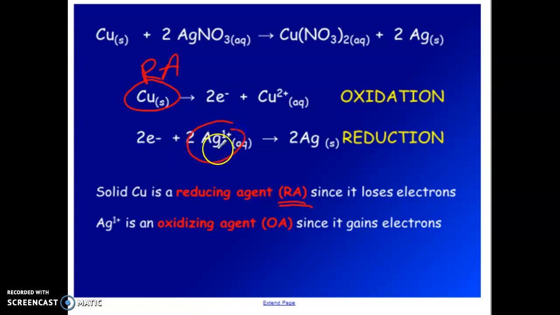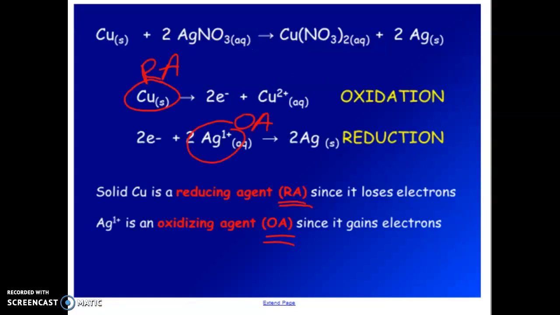So silver ions are being reduced, which means it's an oxidizing agent. Okay, so it's the agent for the opposite. So just remember they're always the reverse. If something's being oxidized, it's a reducing agent. If something is being reduced, it's an oxidizing agent.